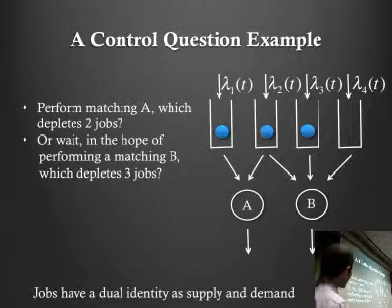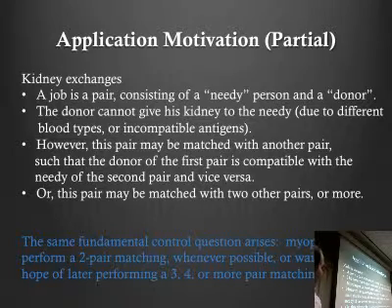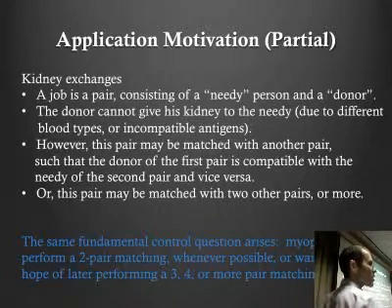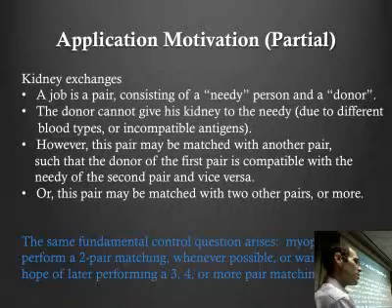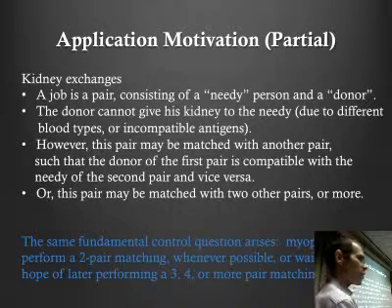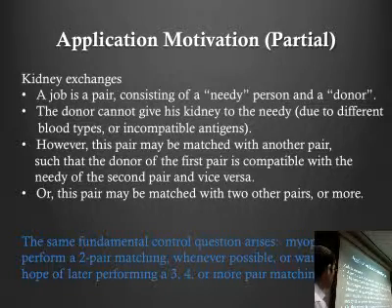Doesn't sound very well, but you do a swap of kidneys and they all leave the system happy with new functioning kidneys. And there the decision is very similar to this, but there are many complications in kidney exchanges that we are not covering, so this is maybe a first step to help study this setting. But again, the fundamental question is, how do I make my control decisions? Do I act myopically or should I do something a bit smarter?